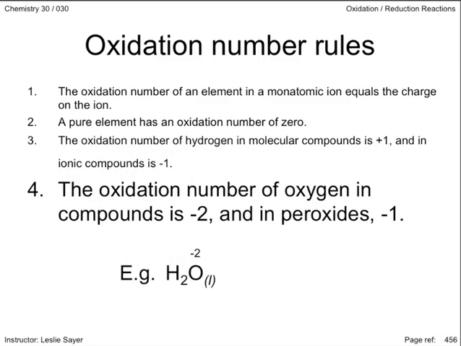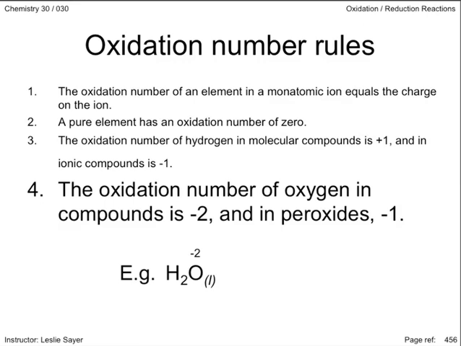Rule number 4. The oxidation number of oxygen in compounds is -2, and in peroxides, -1. In ionic compounds, the oxide has a -2 charge. In molecular compounds, oxygen usually has the strongest electronegativity in the compound. That is, oxygen will attract the shared electrons more strongly. We assume then that to create oxygen's oxidation number, oxygen is assigned the shared electrons.